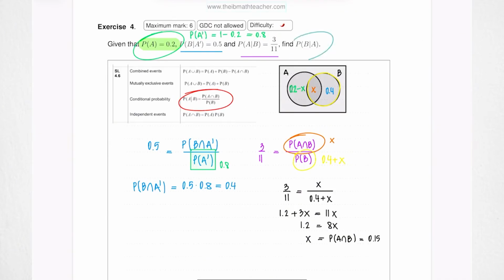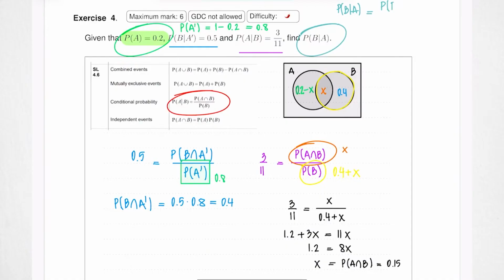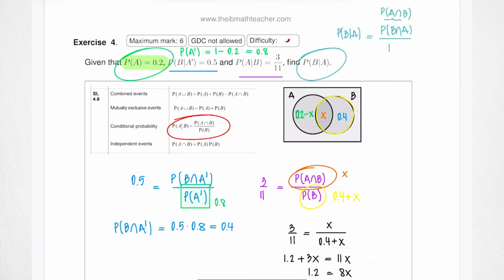We need to find P of B given A, which is probability of B and A, which, by the way, is the same as the probability of A and B, over the probability of A, which is 0.2. Now, probability of A and B is 0.15, so we get 0.15 over 0.2, also known as 0.75. And there you have it, exercise number 4.